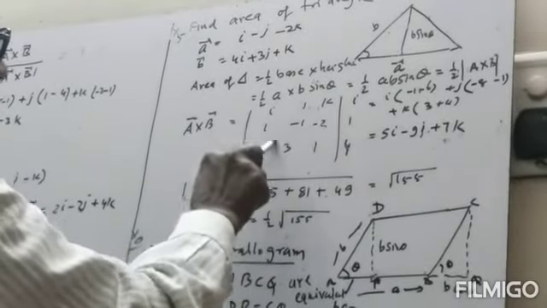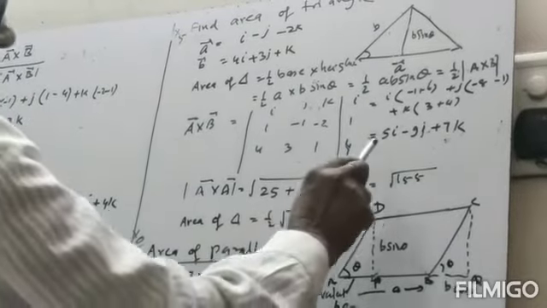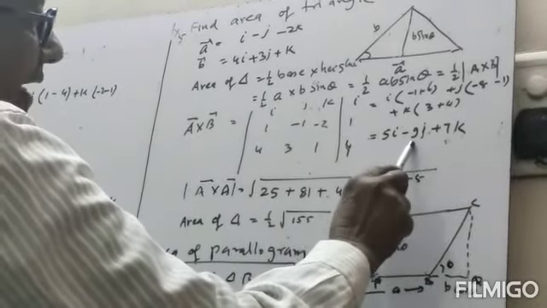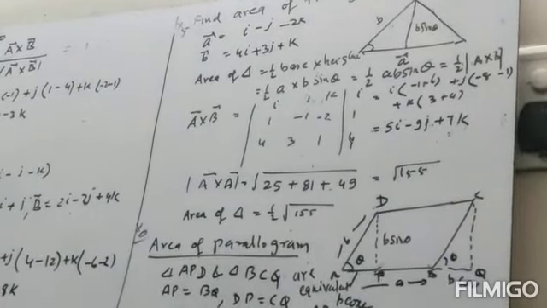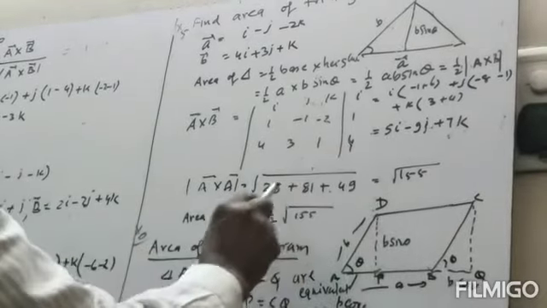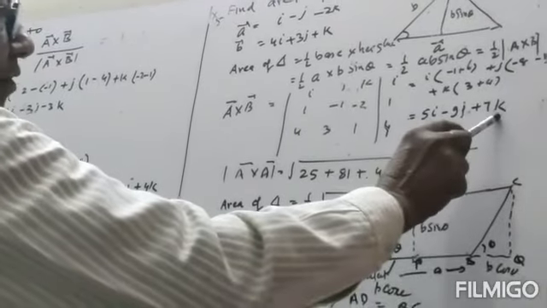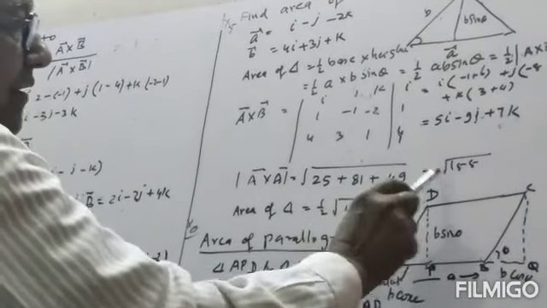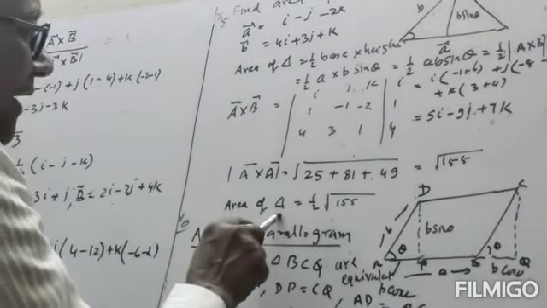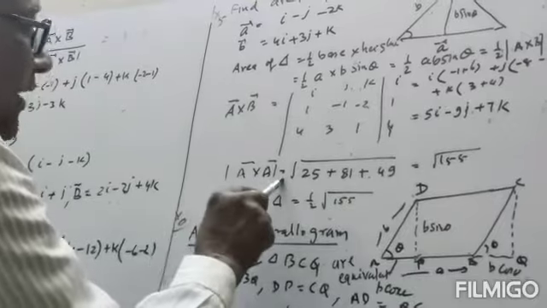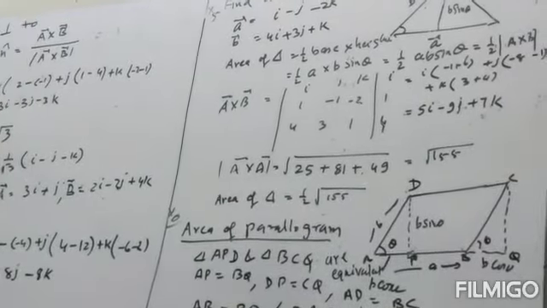And k is 3 plus 4, 7. So it is 5i plus 9j plus 7k. This is the value of A cross B. So what will the magnitude be? Magnitude will be equal to 5 square 25, 9 square 81 and 7 square 49. So this is equal to under root 155. So the area of the triangle will be half of A cross B, so half of under root 125.